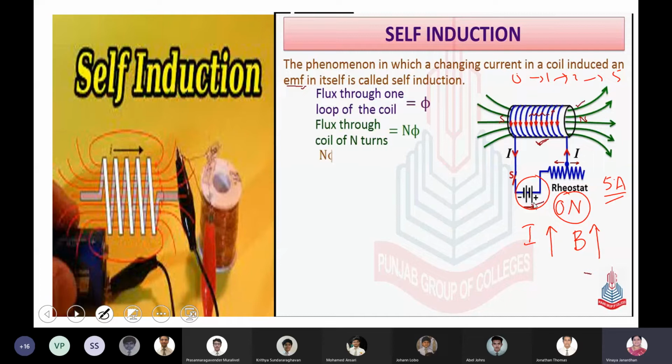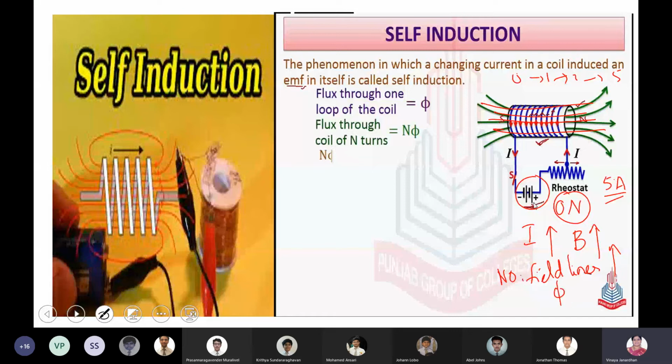A current carrying solenoid produces a magnetic field. If the current passing through the coil is increasing, the strength of the magnetic field is going to increase. When the strength of the magnetic field increases, then the number of field lines also increases, boys, because your field lines depict the magnetic field. If the strength of the field increases, the number of field lines will increase.